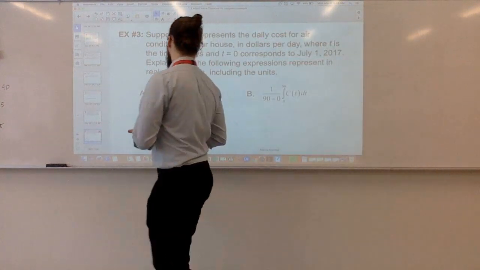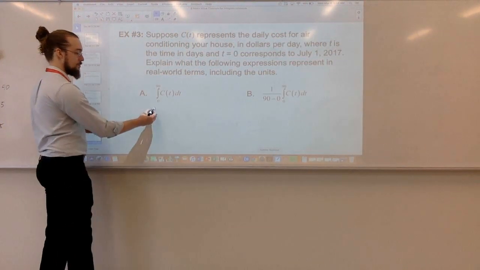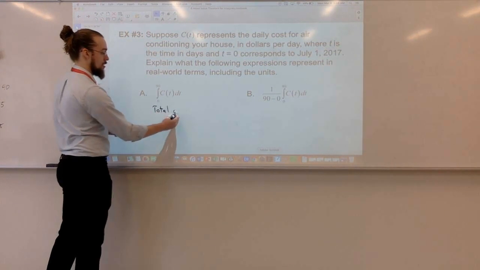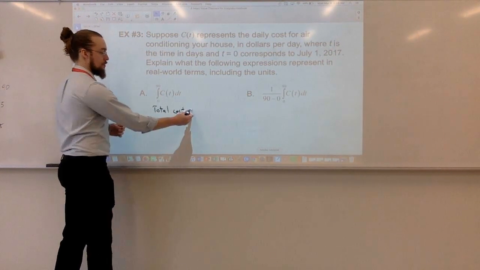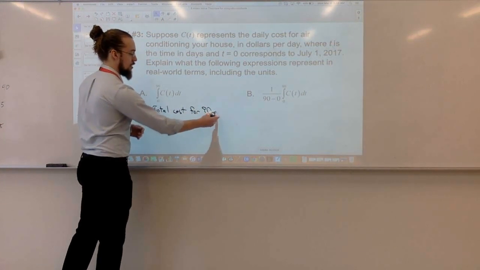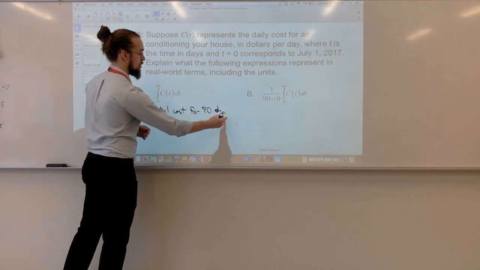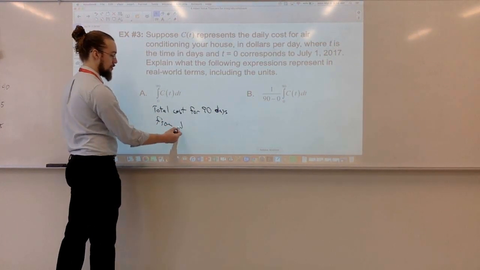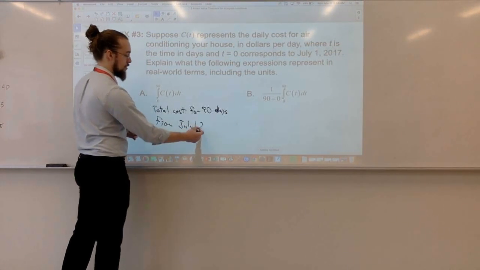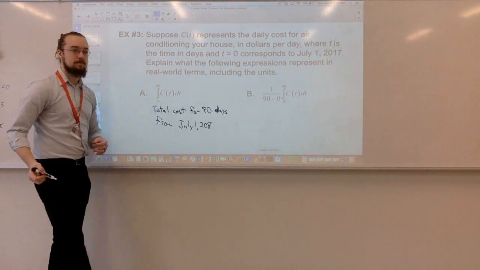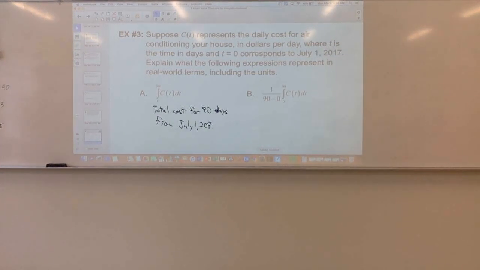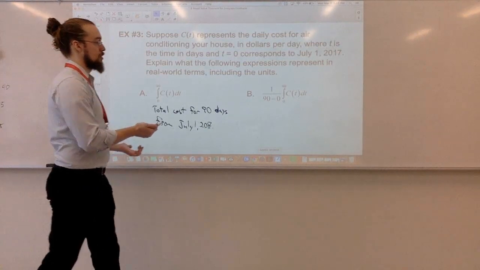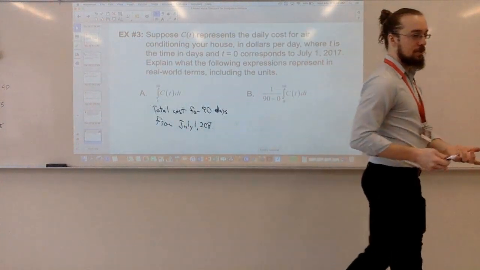Right? So this will be total cost for 90 days from July 1st, 2017. So now, if I throw a 1 over 90 minus 0 out in front of that integral, what would this represent?